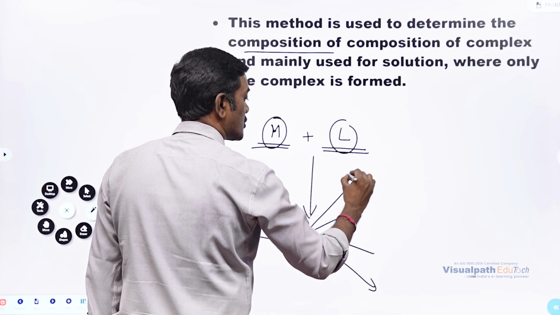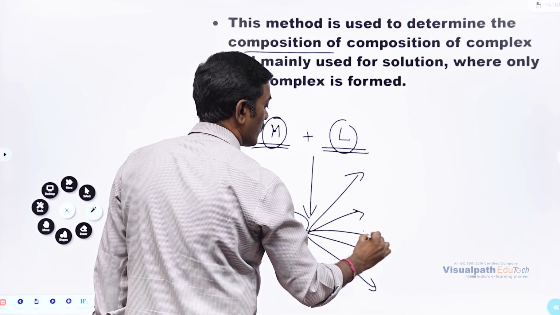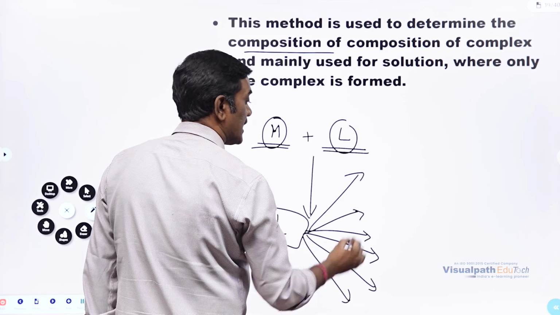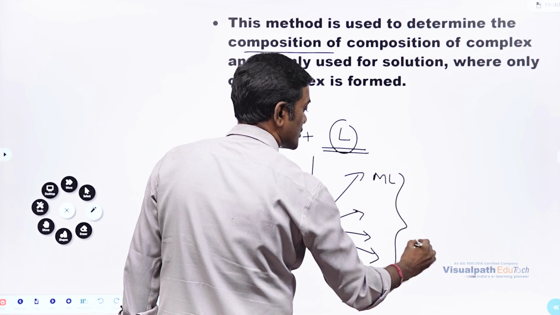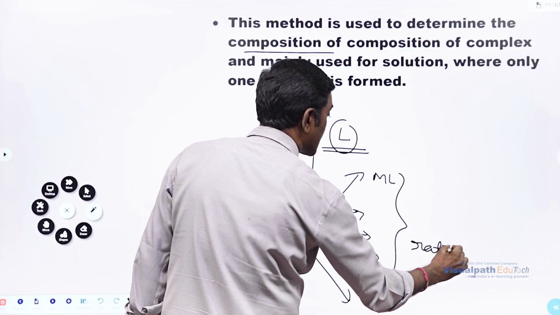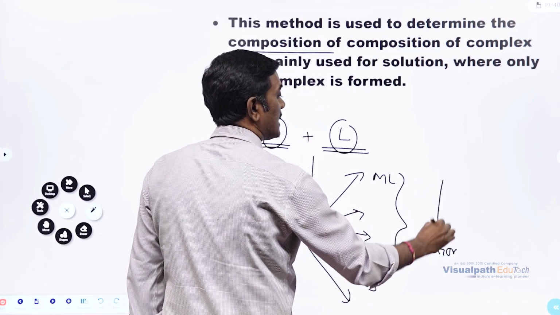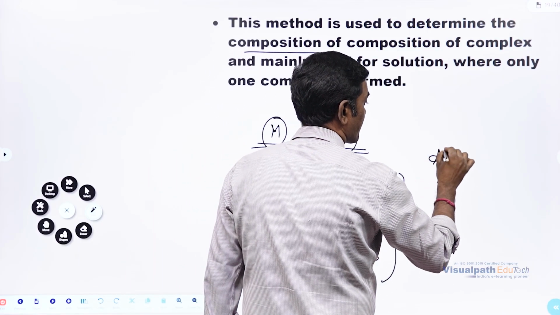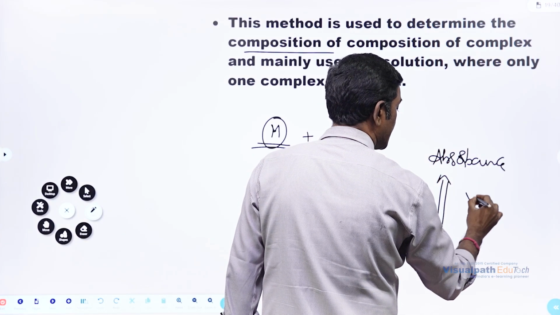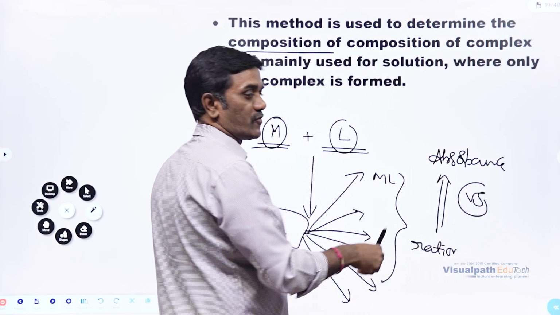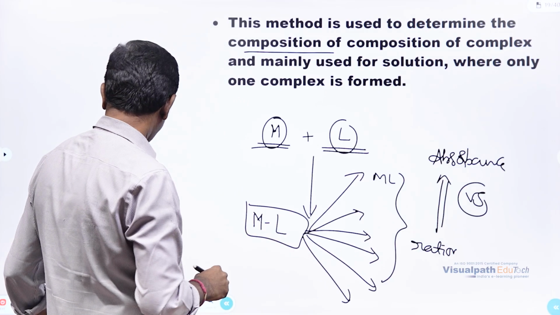It is not going to give a different complex here; it is going to give ML only at different ratios. As the ratios are different, obviously the absorbance will be different. So absorbance versus this ratio will give you the graph.